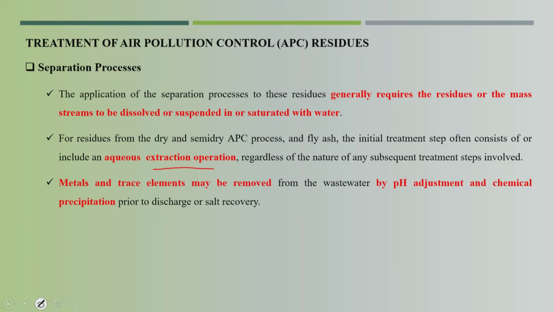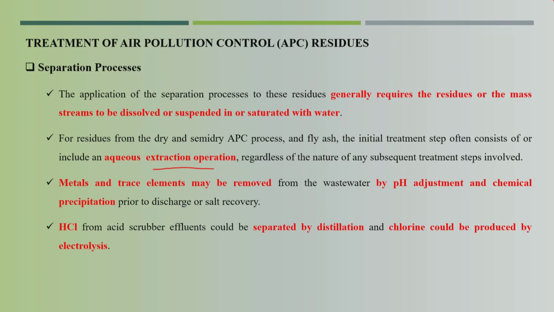Metals and trace elements may be removed from the wastewater by pH adjustment, which I was talking about, and chemical precipitation prior to discharge or salt recovery. And also the HCl from the acid scrubber effluent could be separated by distillation process, or chlorine by electrolysis process.